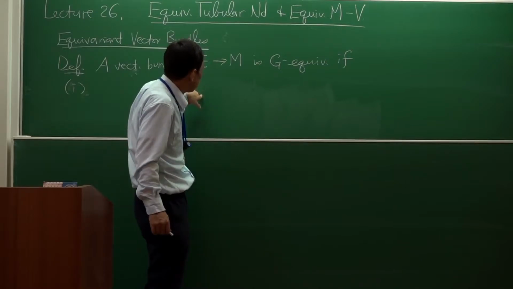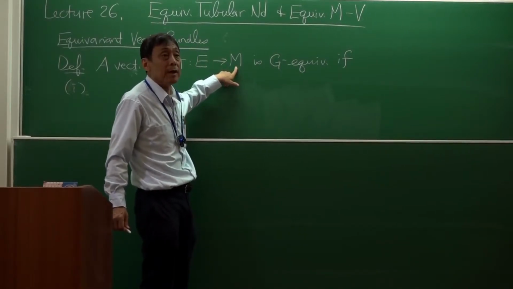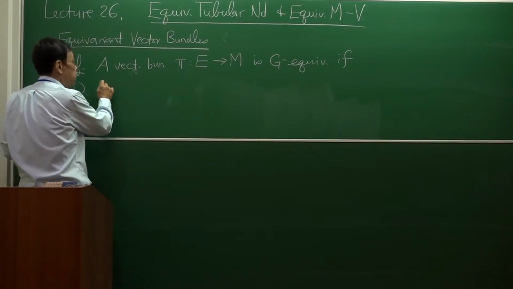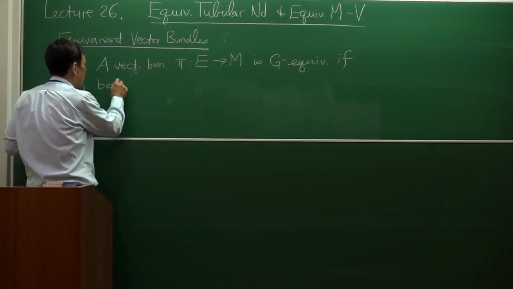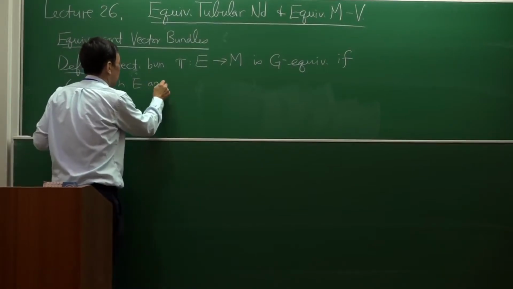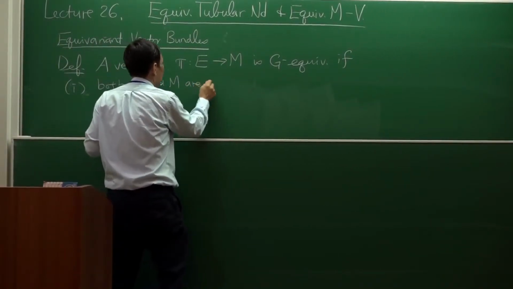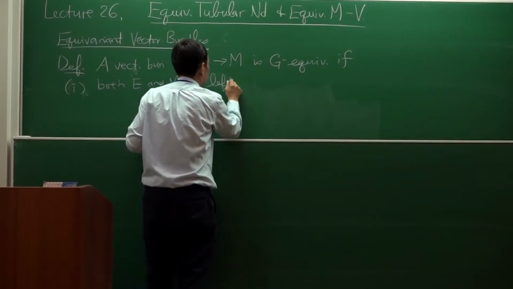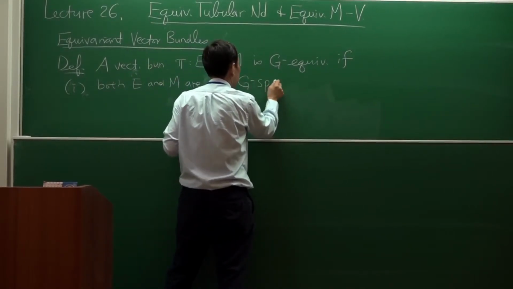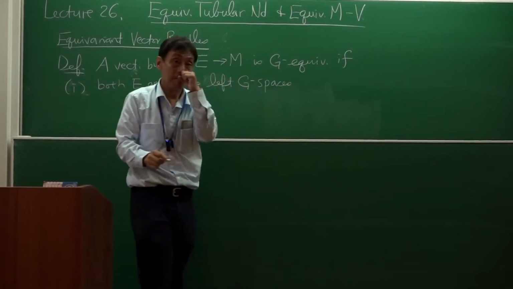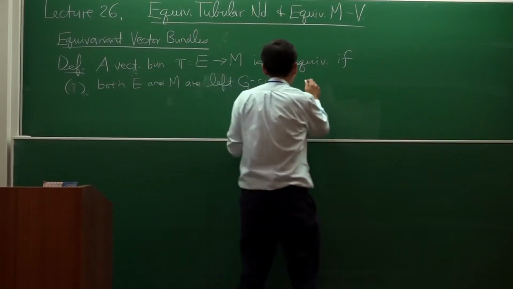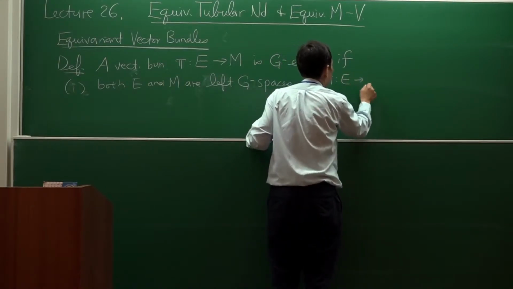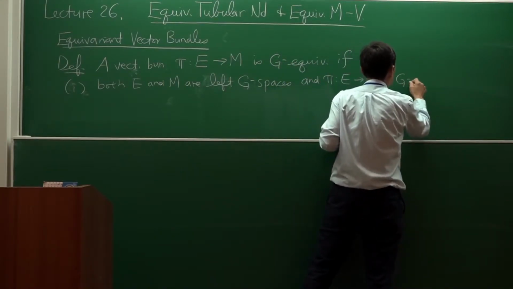And therefore, there is an action of G on M also. So the first condition is that both E and M are G spaces. Let's say left G spaces. And pi is G equivariant.